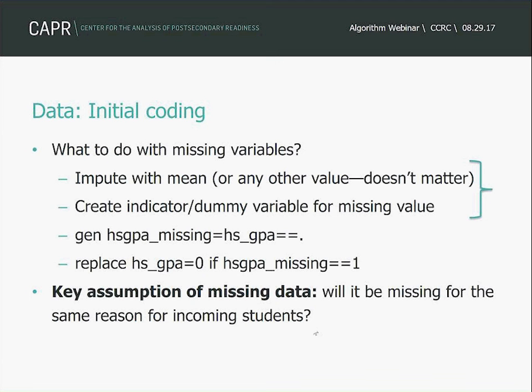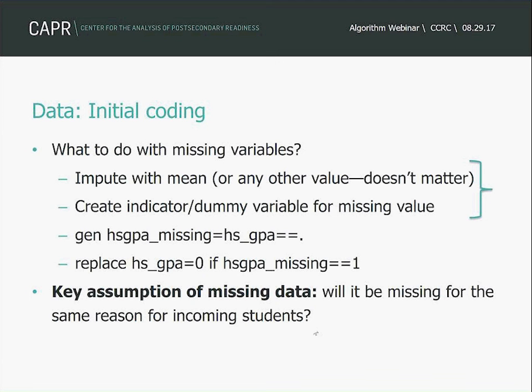So now we have two variables. Let's say, high school GPA, which has values for students who have values, and then it's got zeros for students who are missing it. Then we have a separate variable, which is high school GPA missing, and that's an indicator for having that variable missing.